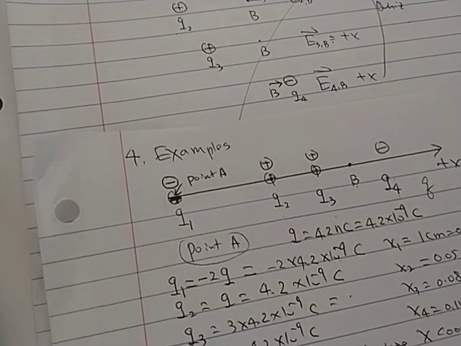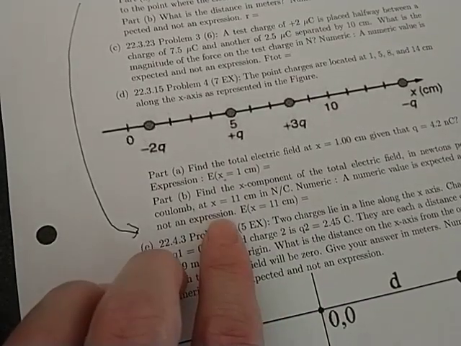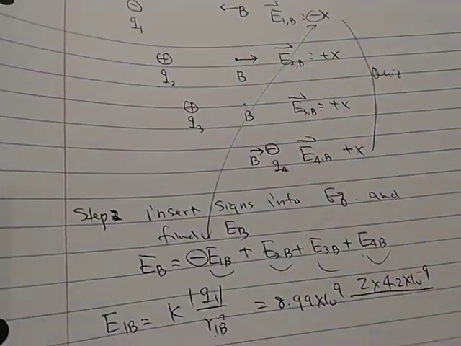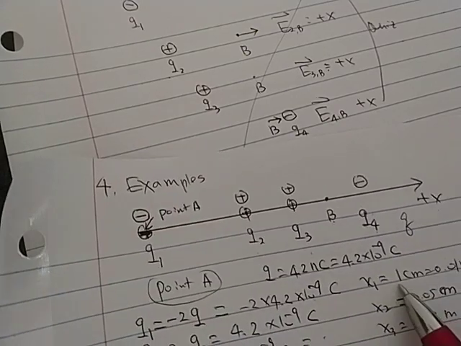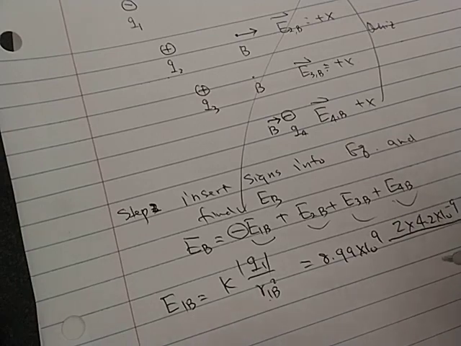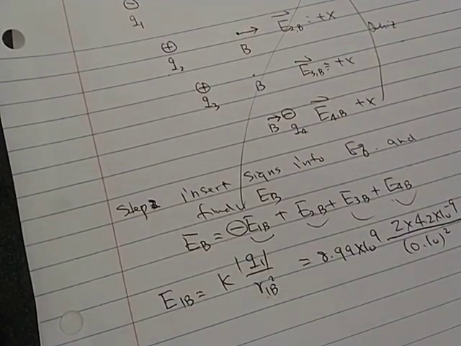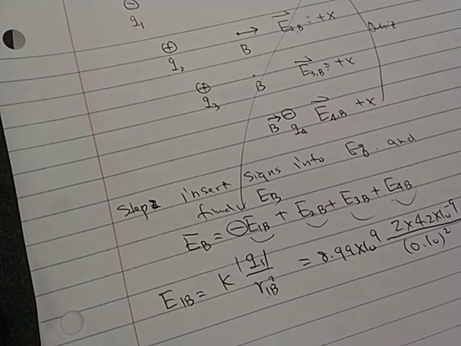B is located at 11 centimeters. So here's B, located at 11 centimeters. Then you can simply do the calculation. X1 is 1 centimeter, so 11 minus 1 gives 10. Convert to meters, and it should be 0.1 meter.